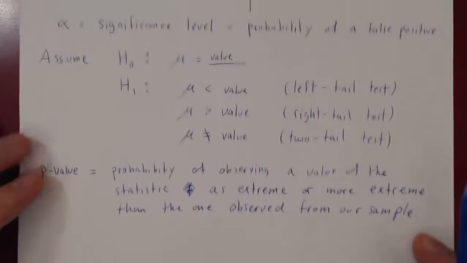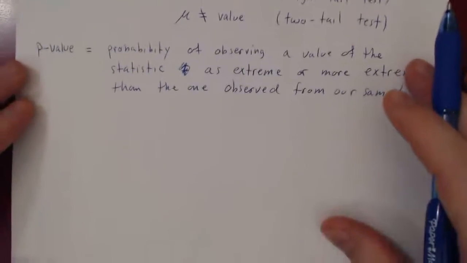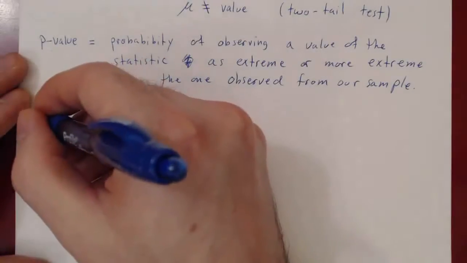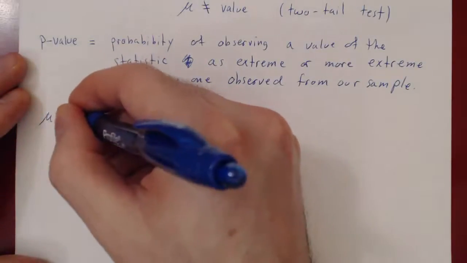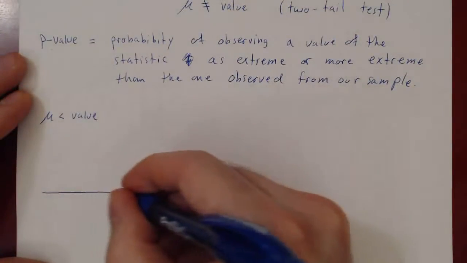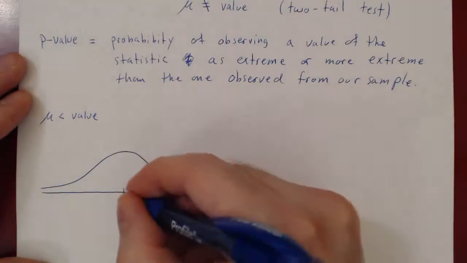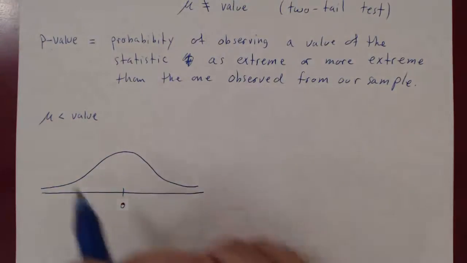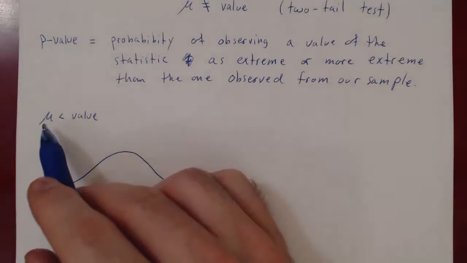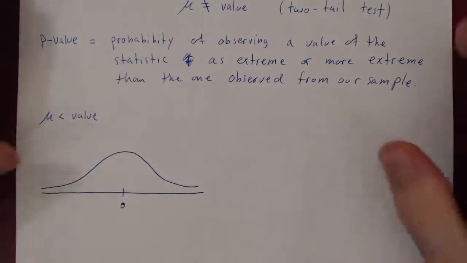So suppose that we have a test for the mean, and say we will either in the case use a t or a z distribution. Suppose we use a t distribution, and so we draw. So our hypothesis was, say in this case, mu was less than the actual status quo value. So you would draw your t distribution. And so here we're looking for values that are less than the actual status quo value.